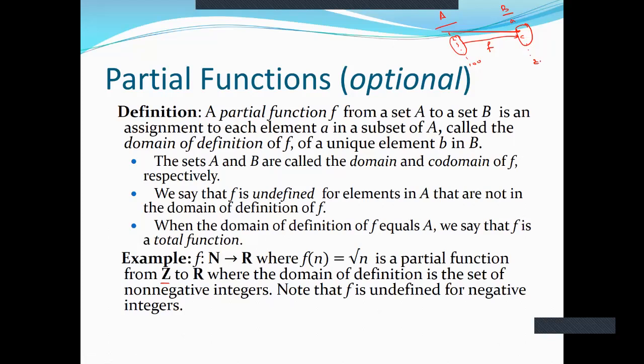But the function is the square root of n, so we can only compute the square root of the positive integers. It cannot map the negative numbers to the real numbers. So this function can only map a subset, the non-negative integers, to the real numbers, and that's why we call it a partial function.